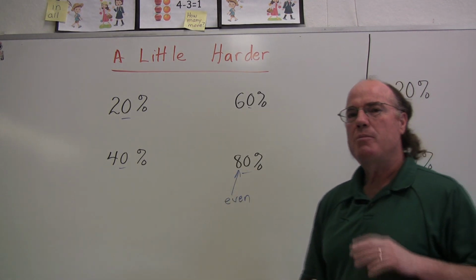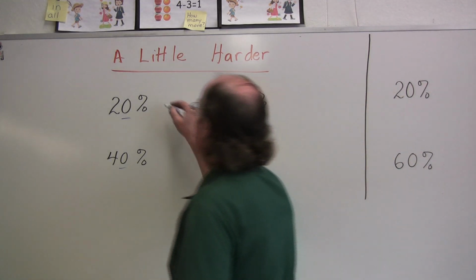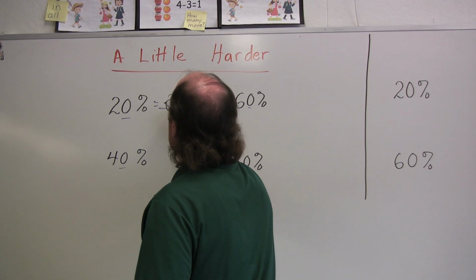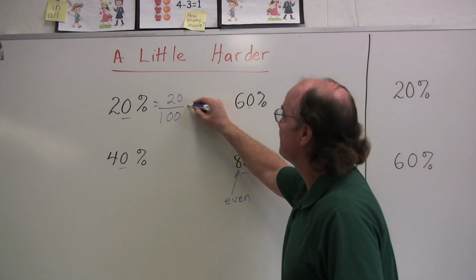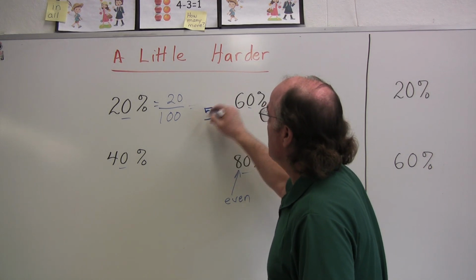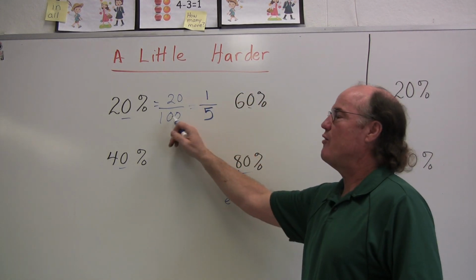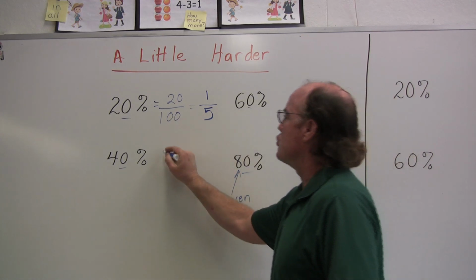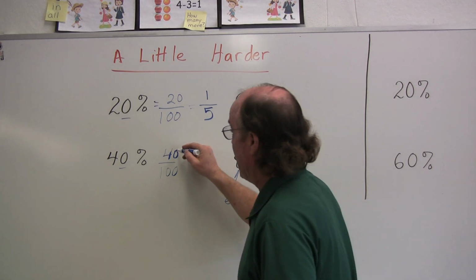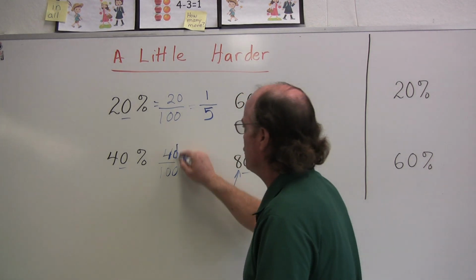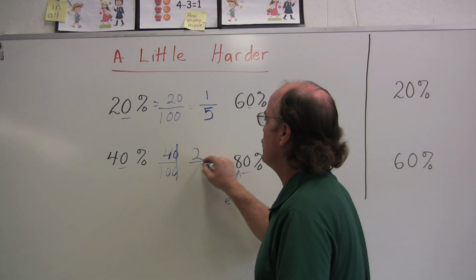So what we're going to be able to do is to divide these by 20, because we know that there are 5 20s in 100. So this is going to be 5 on the bottom and 1 on top. 1 times 20, 5 times 20. So 40. 40 over 100. You know, I guess you could do this and then go 2 goes into 4 and 10, 2/5.